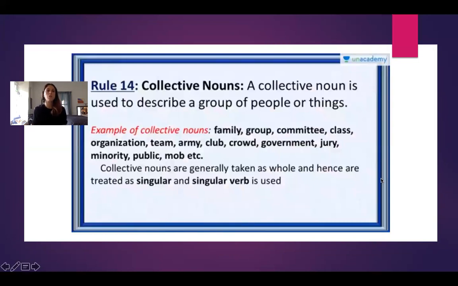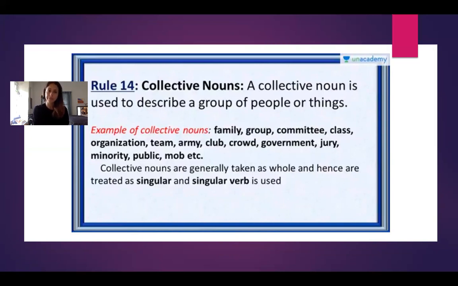Now, don't worry about the fact that it says Rule 14. This is a very important slide. This is called collective nouns. This is something we need to remember. A collective noun is used to describe a group of people or things. Now, this is a noun that takes the singular verb, but it represents a lot of different people.